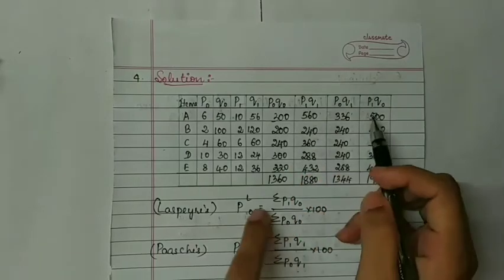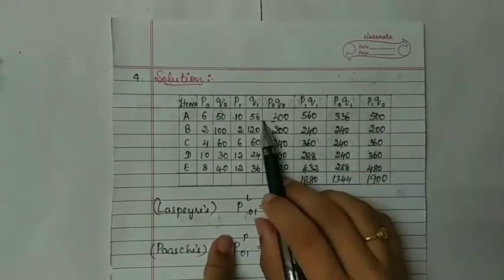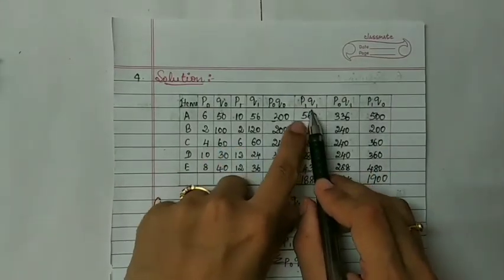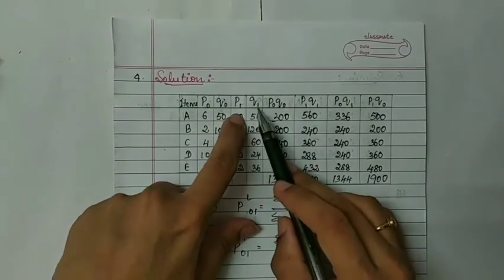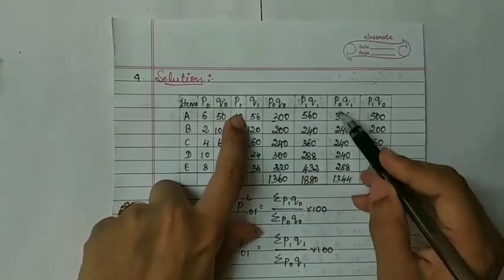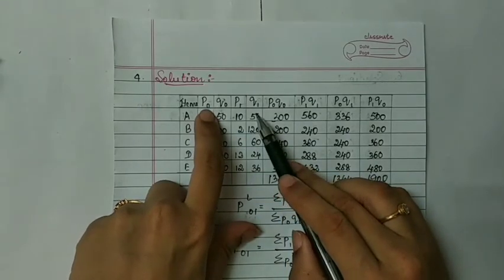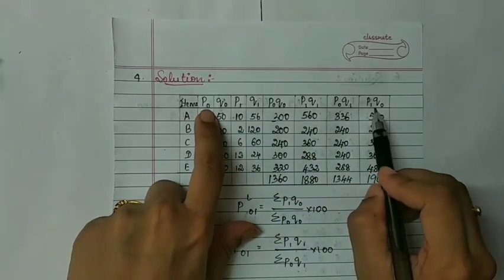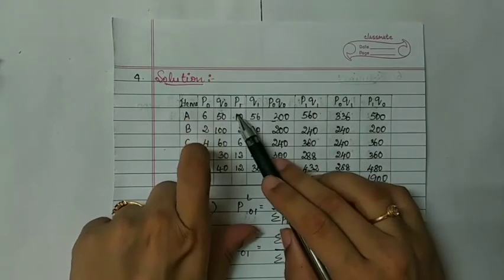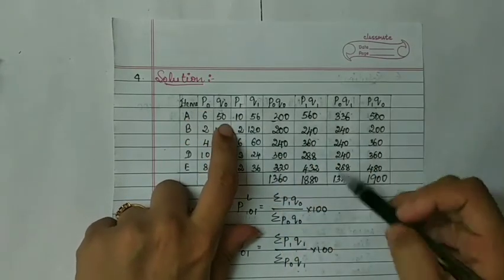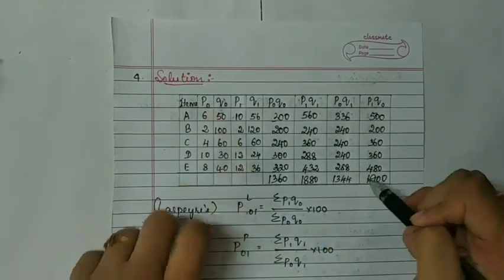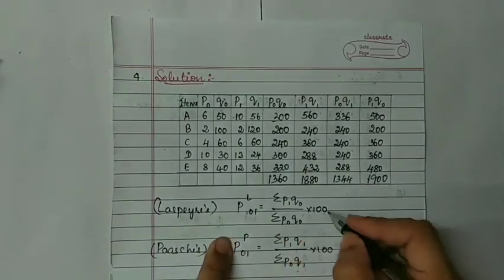So I am done with the calculation of all four items. P1 Q1 is nothing but P1 multiplied by Q1. P0 Q1 is P0 and Q1. P1 Q0 is equal to P1 and Q0. After that, total it. Let us start with the first one.